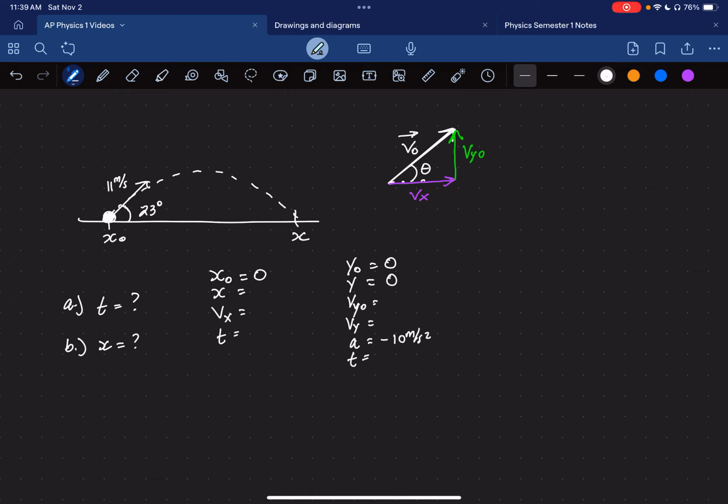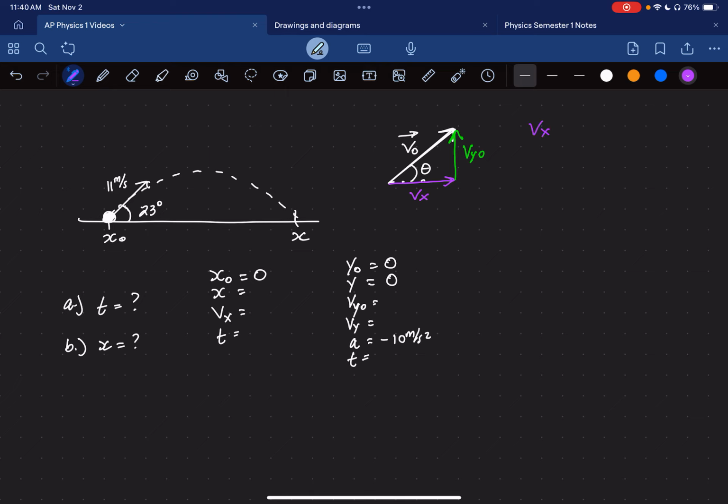This would give us the initial vertical velocity, the component Vy naught. And part of me wants to say the initial horizontal velocity, but since it's constant, it's not only the initial velocity horizontally, it's the horizontal velocity throughout the whole trajectory here. So we're just going to write Vx.